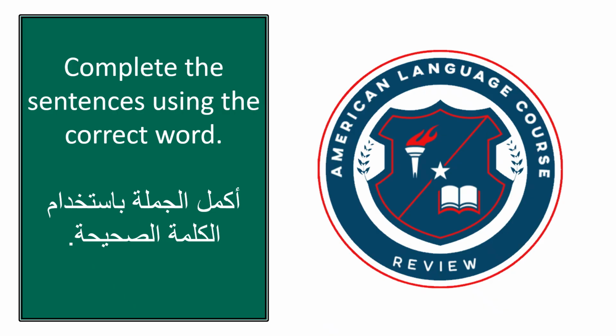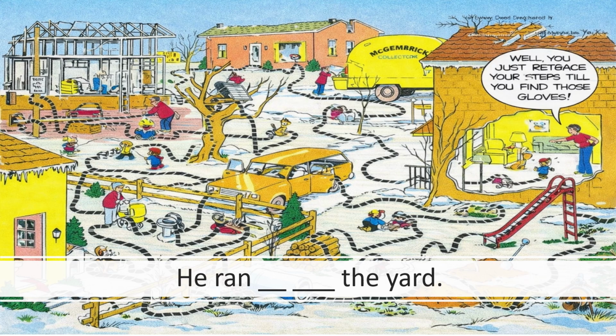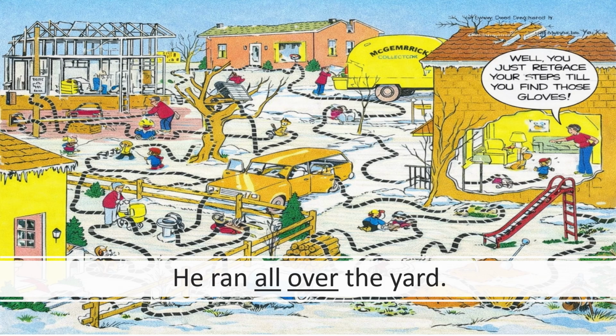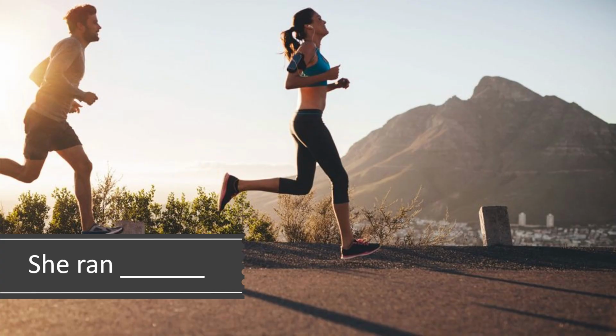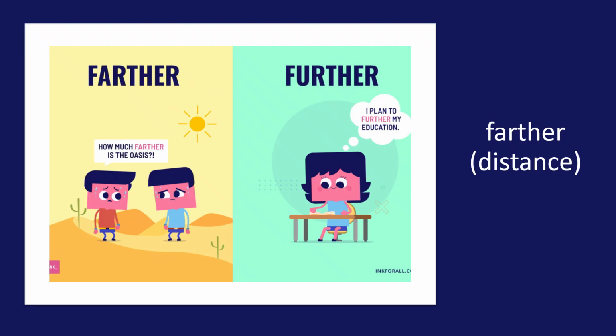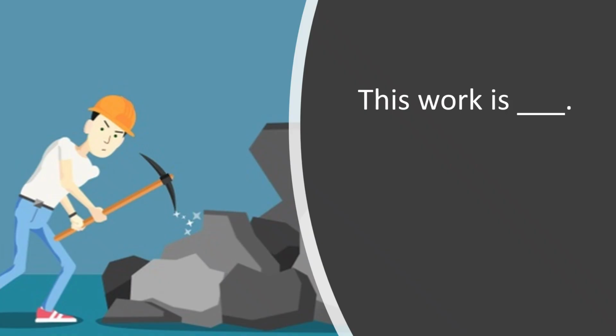Complete the sentences using the correct word. He ran all over the yard. She ran farther. Farther is a distance. This work is hard.